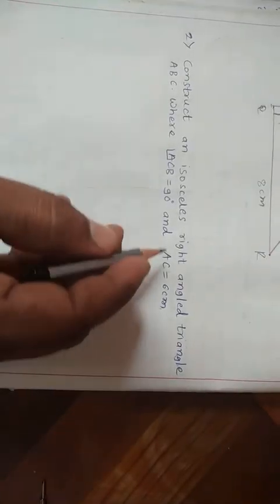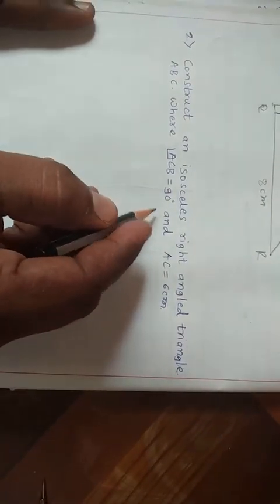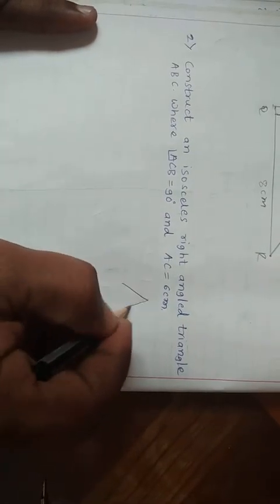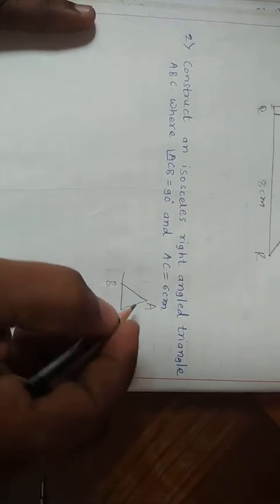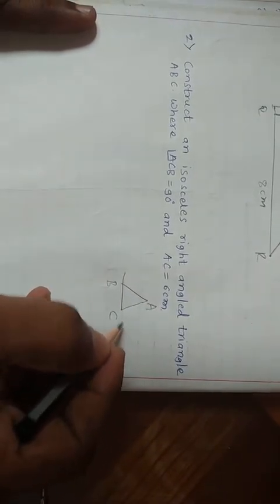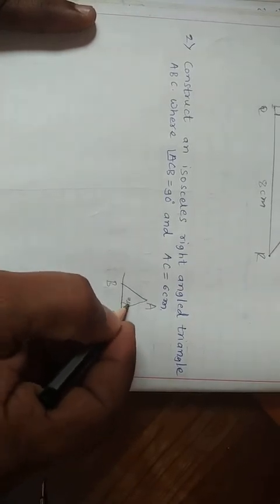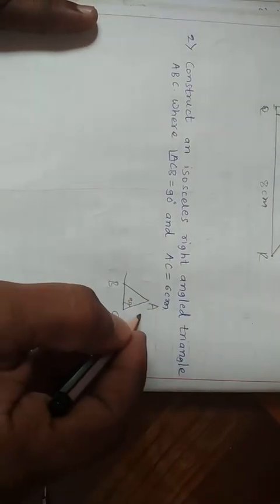Let me solve the next one. Construct an isosceles right angle triangle ABC, where angle ACB is equal to 90 degrees and AC is equal to 6 centimeters. First we have to draw one rough diagram here, ABC. Angle C is 90 degrees, and AC is 6 centimeters.